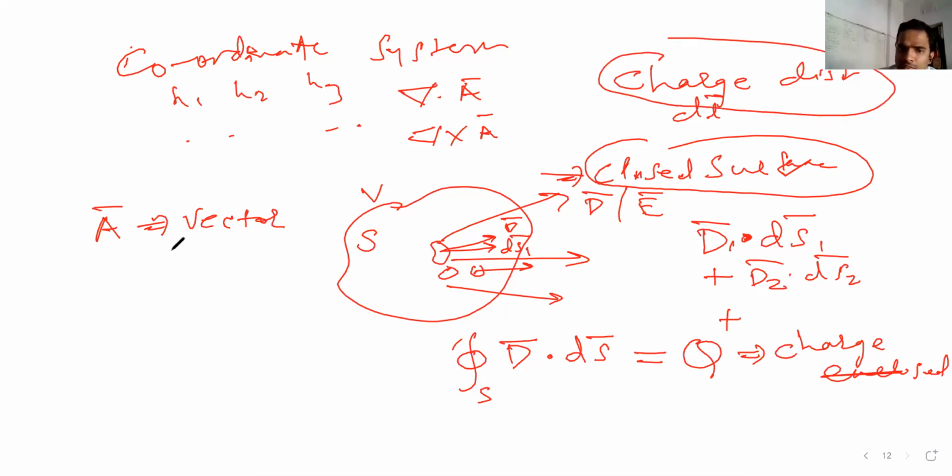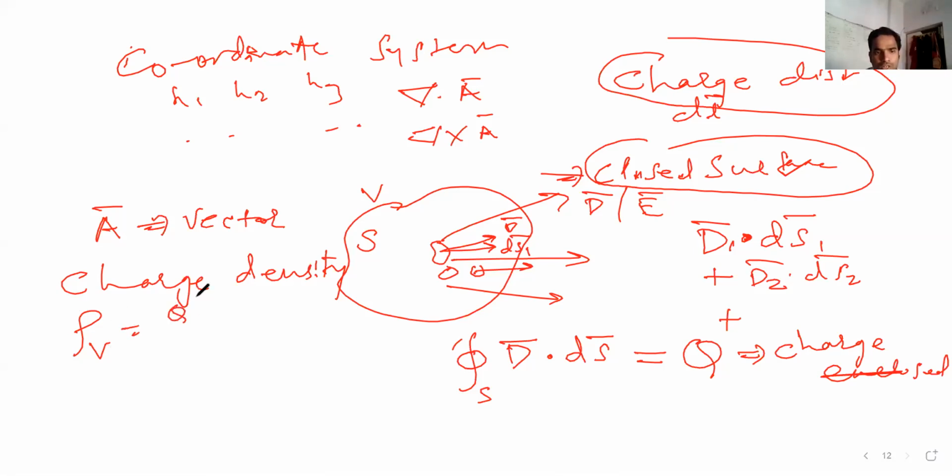Similarly, the charge distribution is not uniform, which is why we define charge density. You have all studied different charge configurations. If I define volume charge density, it is rho v, charge per unit volume. Because the charge distribution is not uniform, we define a charge density.